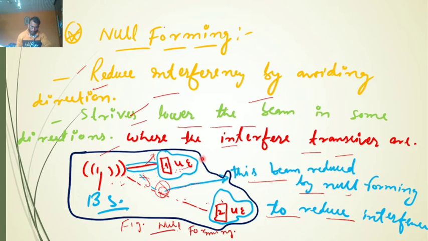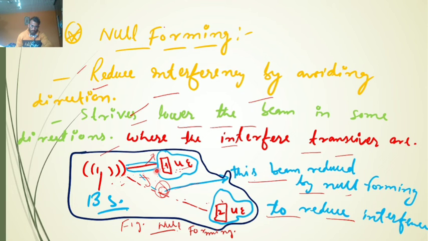When this base station serves these two users, if they are using the same beam and same channel, user 2 creates interference between UE1 and the base station. So with the help of null forming, the base station reduces or removes the beam for user 2 and only serves user 1.